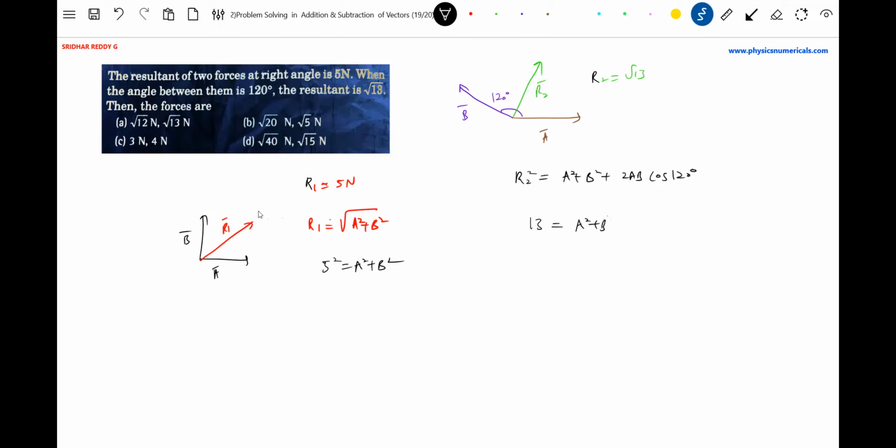A square plus B square plus 2AB cos 120, which will be minus 1 by 2. A square plus B square is how much? It is 5 square. Okay, this will become equal to minus AB. So AB equal to 25 minus 13 will become 12.